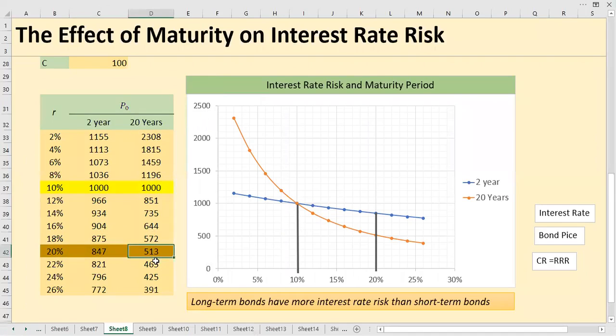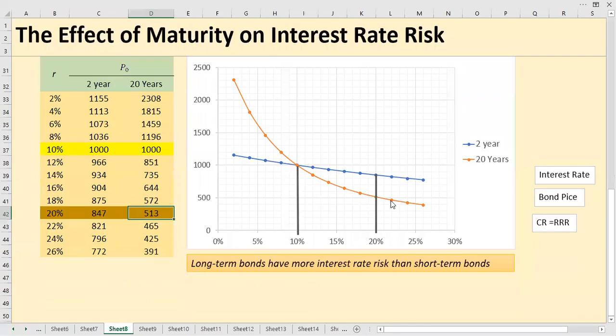For the 20-year bond, it is 513 rupees. Now you can see the difference here.